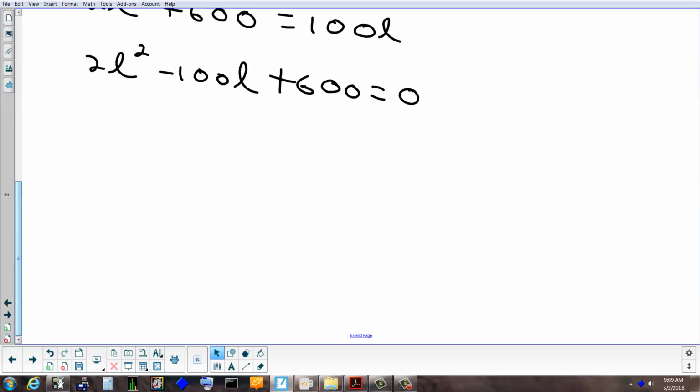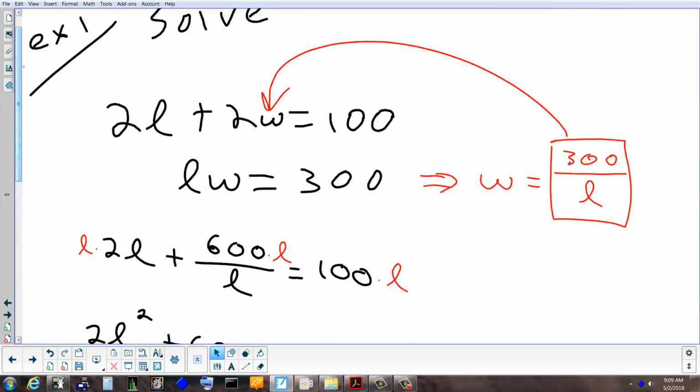Anyone see? Leo? You can factor out the 2. Yeah, we could factor out a 2, divide everything by 2. In this case, it wouldn't make a difference. Just makes the numbers a little smaller, but we're going to use a calculator anyway. So L squared minus 50L plus 300. So we're solving for L. The reason we're solving for L is because of the decision we made way back at the beginning to get W by itself.